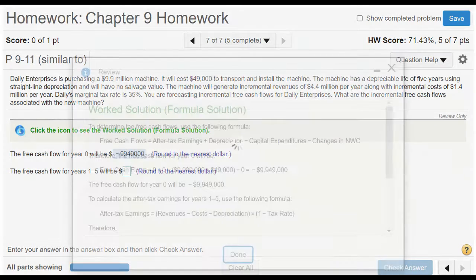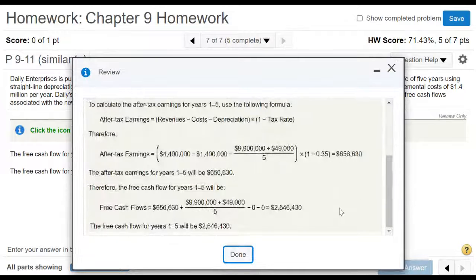So it's going to look something like this: 4.4 minus 1.4 minus 9,949,000 divided by 5, times 1 minus 0.35. It's going to be 656.